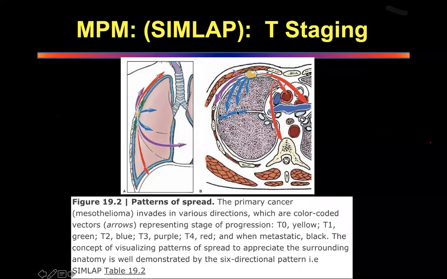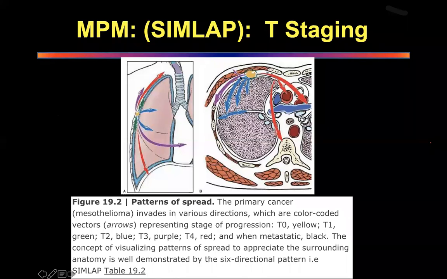Okay, so yellow, T0. That means it's just on the pleura and nothing more has happened. The green represents intrapleural spread, along the parietal pleura. Can you see that? Okay. The blue represents invasion into the parenchyma of the lung and lobar space.